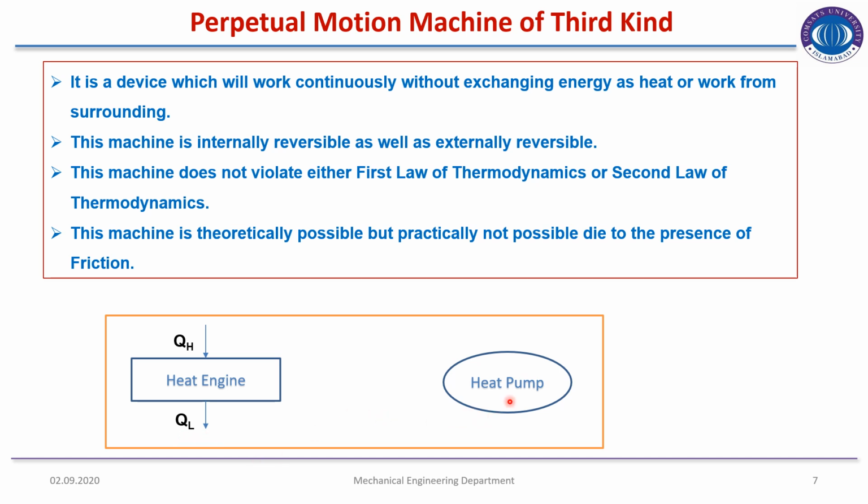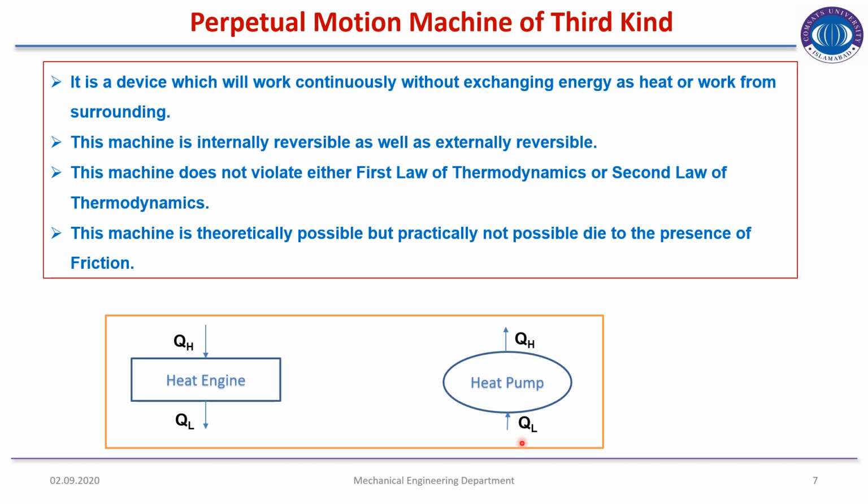And on the right hand side we have a heat pump. The function of heat pump is to receive heat from low temperature thermal energy reservoir and reject heat into high temperature thermal energy reservoir.